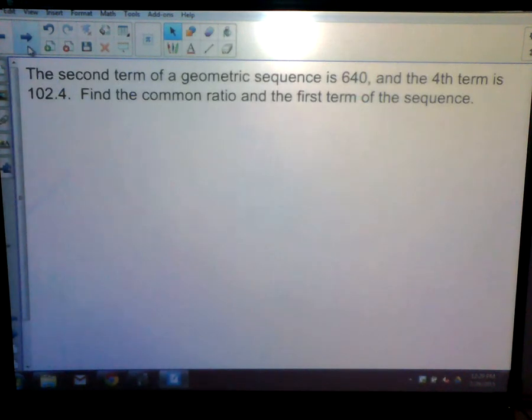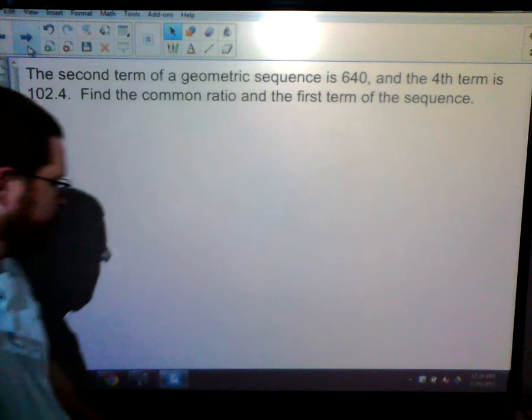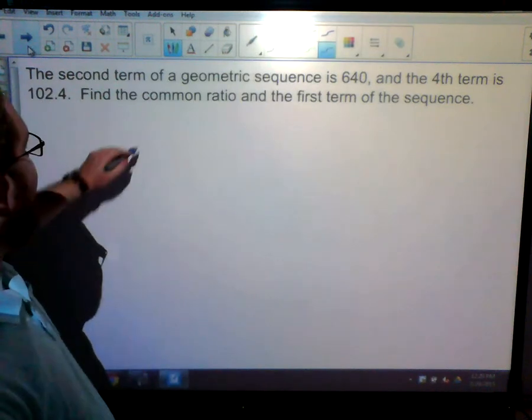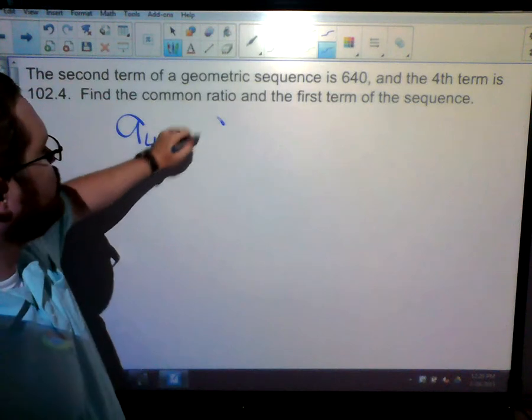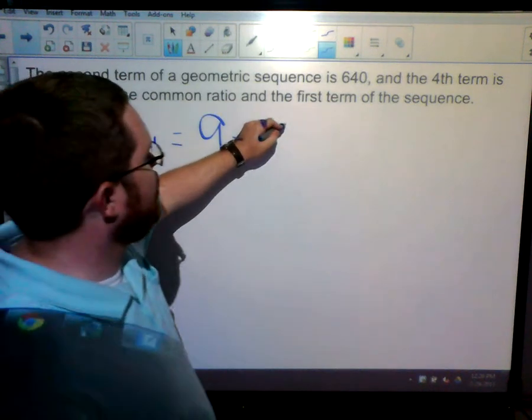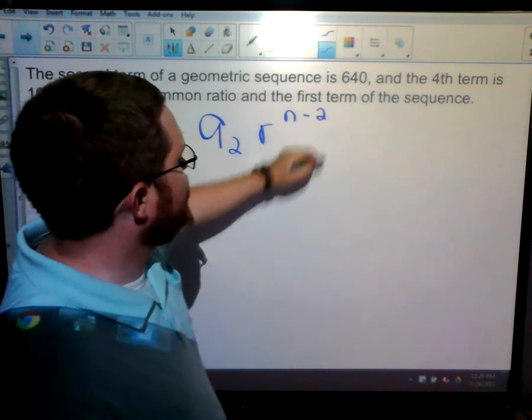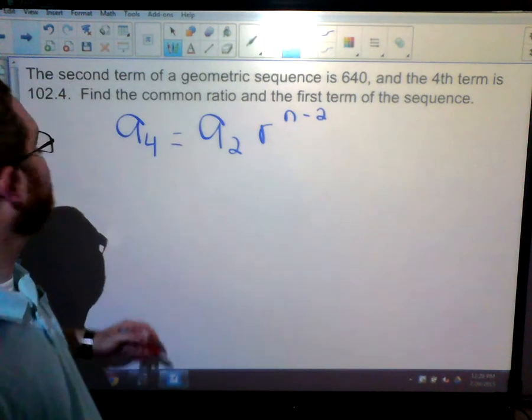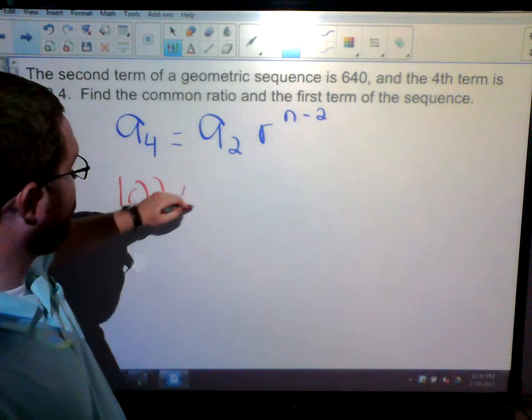The second term of a geometric sequence is 640, and the fourth term is 102.4. Find the common ratio and the first term. So I'm going to say that a sub 4 equals a sub 2 r to the n minus 2. So a sub 4 is 102.4.